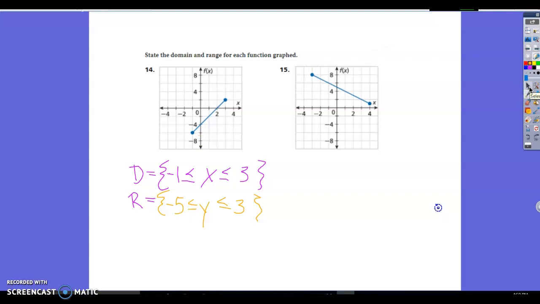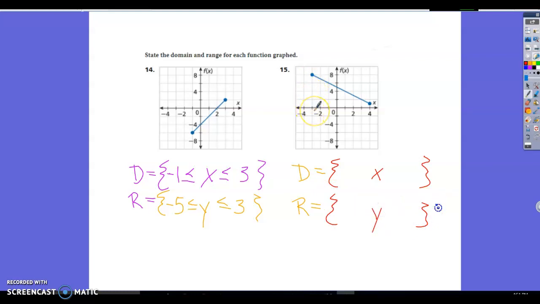All right, this one, we're going to look at domain and range. All right, so our domain, again, is going to be our x values. Our range is going to be our y values.